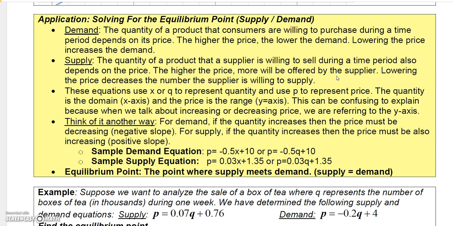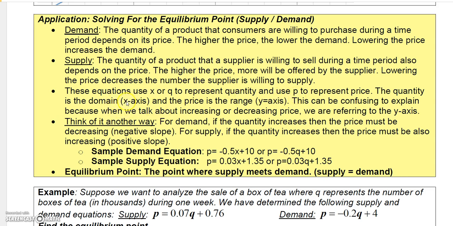So going back to my iPhone example, when the iPhone is priced at $500, the supplier probably wants to supply as many as they can so that they can make a lot of profit. But once the price is lower, then the supplier is not willing to supply as many. Now, these equations actually use either X or Q to represent quantity, and they use P to represent price.